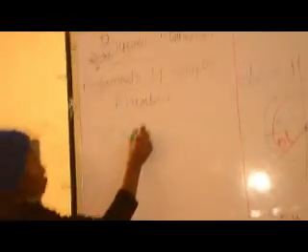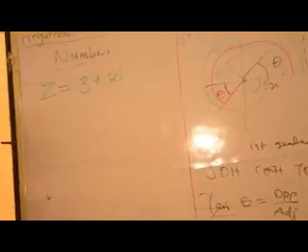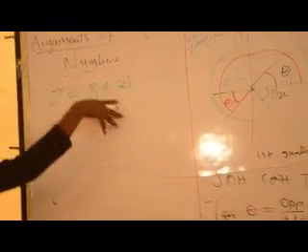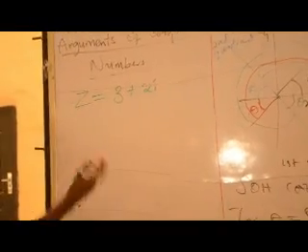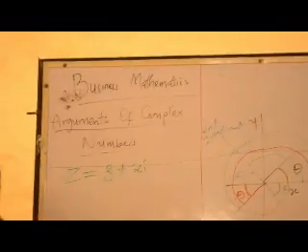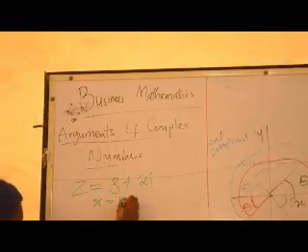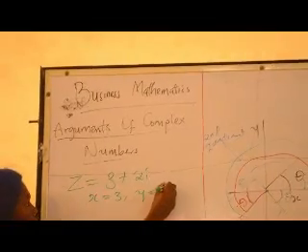Okay, so given that z is equal to 3 plus 2i, and we are asked to find the argument of this complex number, the first thing we need to do here is to plot our Argand diagram. And in plotting an Argand diagram, you must know your x and y. So our x from here is equal to 3, and our y is equal to plus 2.